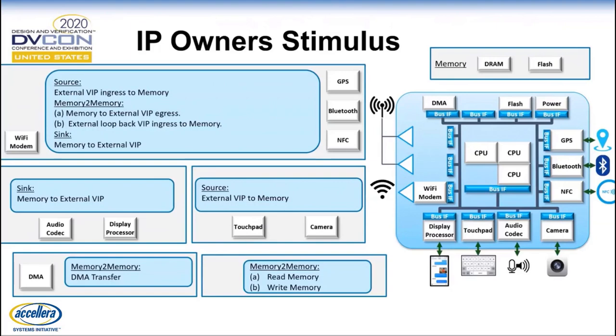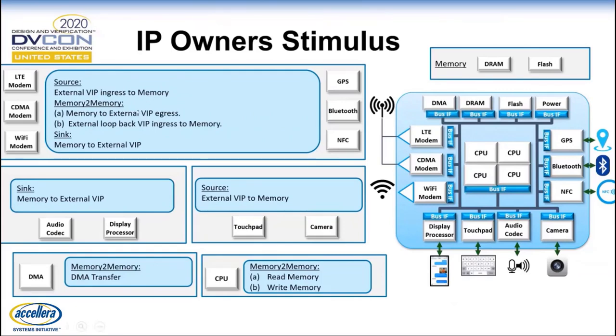So if you look at it here, these are the IP owners' plans. Now, IP owners need to think about what is input, what is output, and what needs memory to memory. The LTE modem has external VIP, so it has a source. So you need actions that will take external VIP and drive output to the buffer.